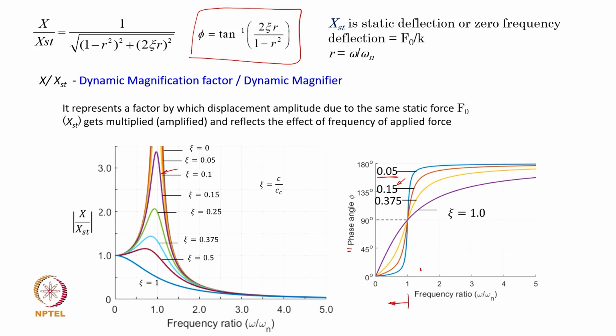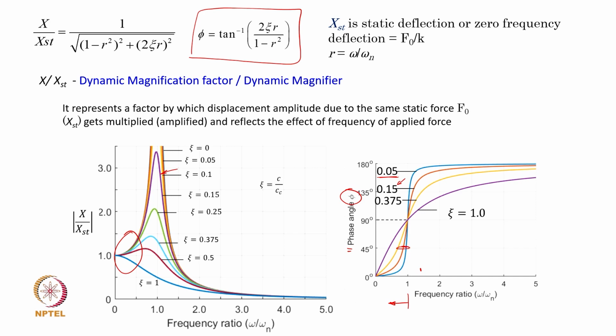Okay. So, omega equal to omega n is the resonance frequency, which we call the critical speed, because that speed is critical in terms of its operation. So, at this part of the operation, the phase angle phi is close to or less than 45 degrees.